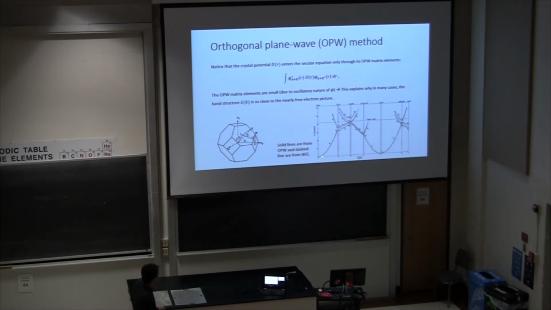The solid lines are the results of a DFT calculation, and the dashed lines are simply the results of a free electron approximation. So you see that these are pretty much quadratic. You see this is h bar squared k squared over 2m. And then you hit the Bragg plane, and then you open a gap, but it again continues as quadratic.